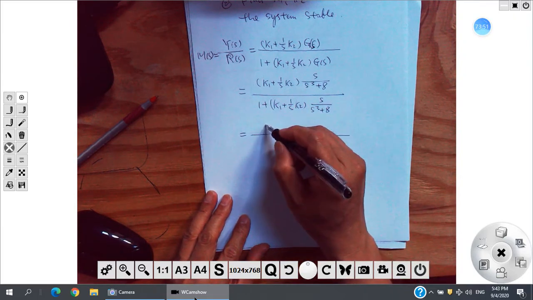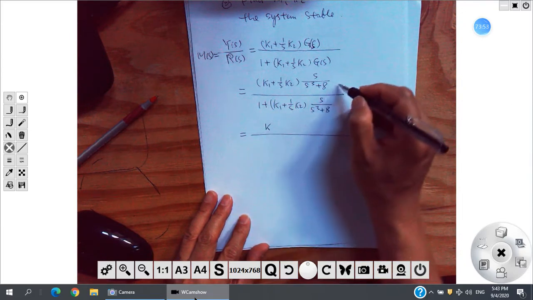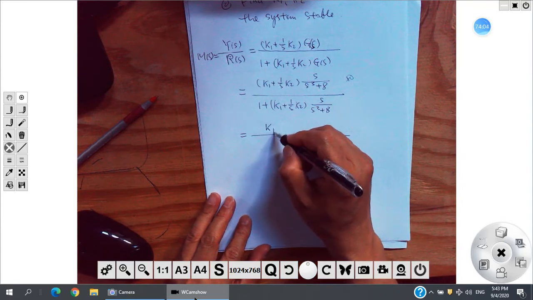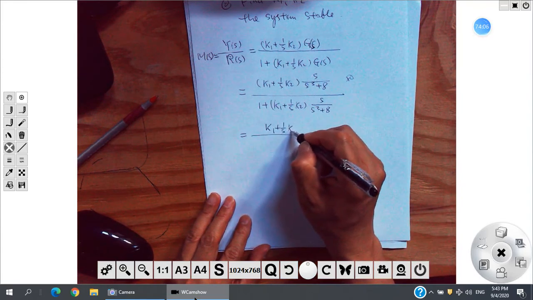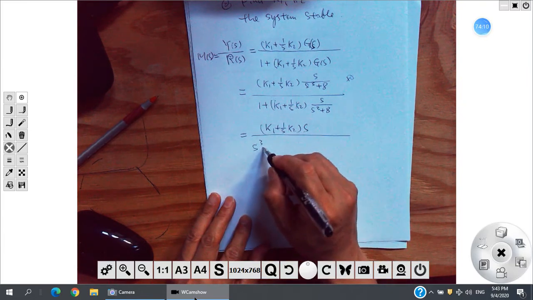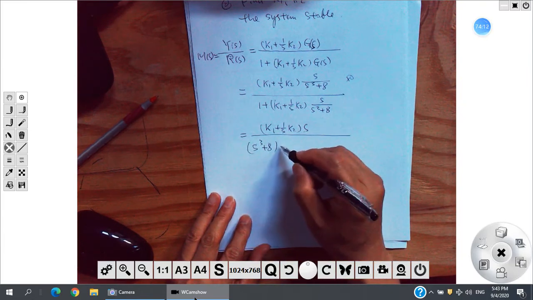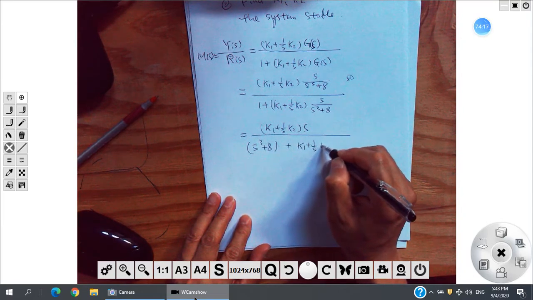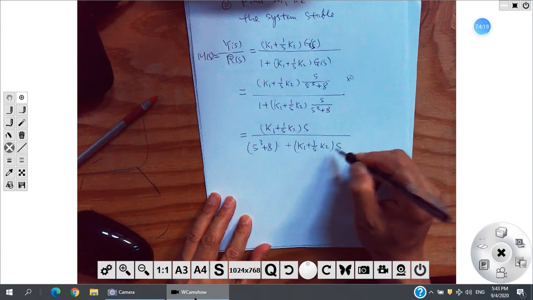Now the numerator is K1 plus 1 over S K2 times S, and the denominator is S cubed plus 8 times 1 plus K1 plus 1 over S K2 times S.